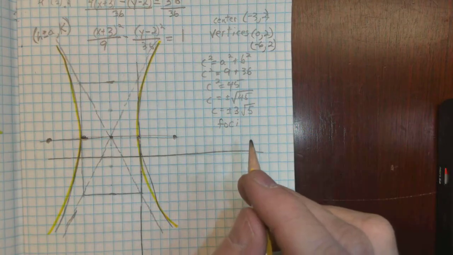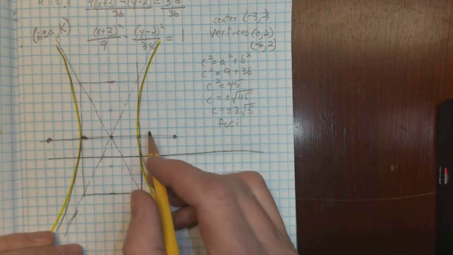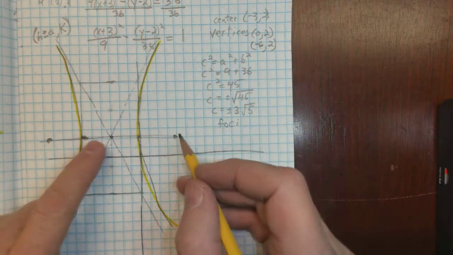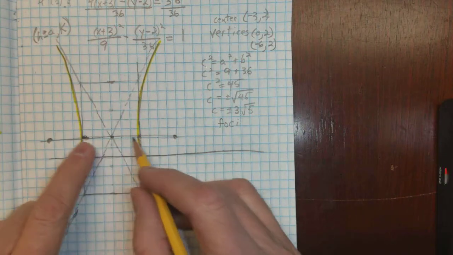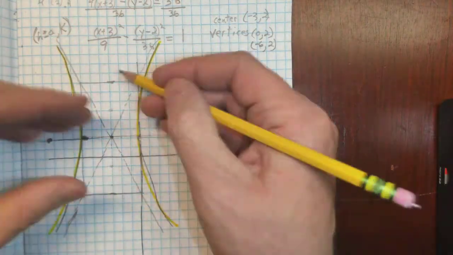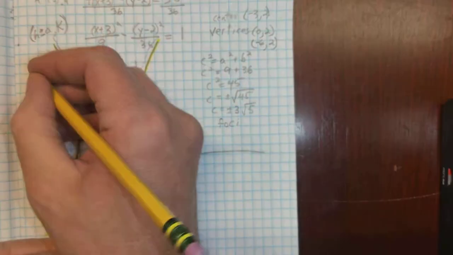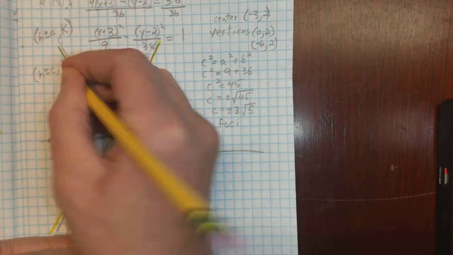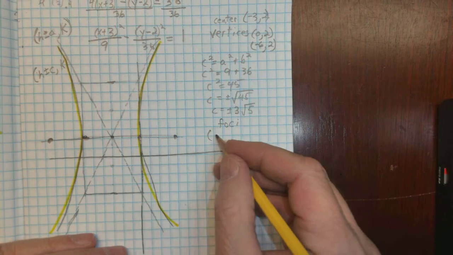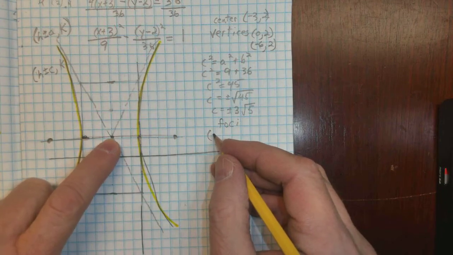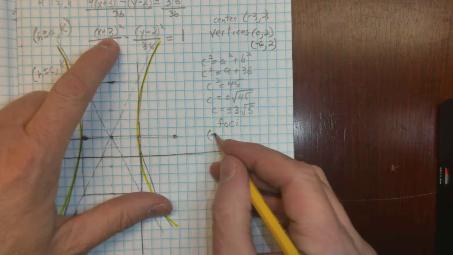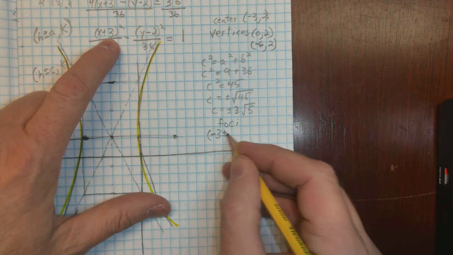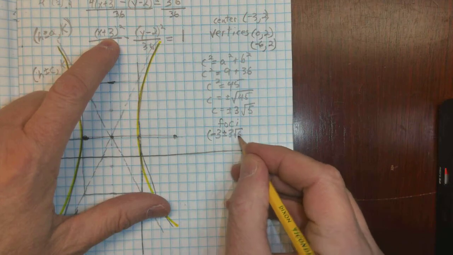The foci are, let's see, we're changing the x-coordinates. We're not changing the y-coordinates. So it's h plus or minus c, k. So we're talking about -3, I'm going to write it this way, plus or minus 3 radical 5.